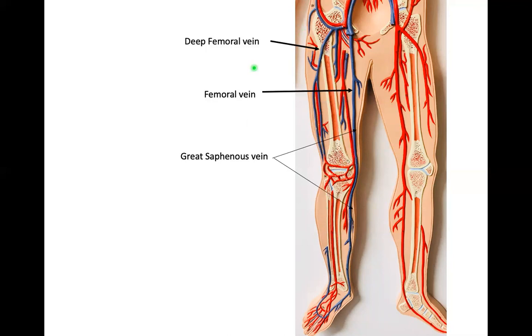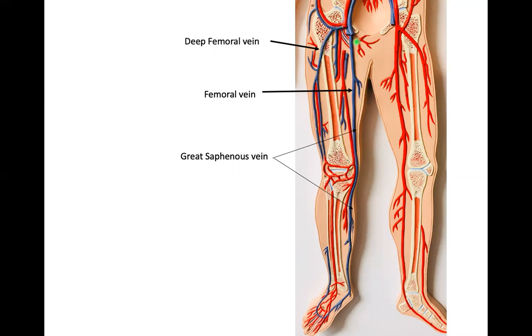For the vein, the one that runs on the side of the leg is referred to as the great saphenous vein. There is no great saphenous artery, so don't look for it. Great saphenous vein comes up toward the femur, forming your femoral vein. And again, you have the deep one, which is your deep femoral vein.